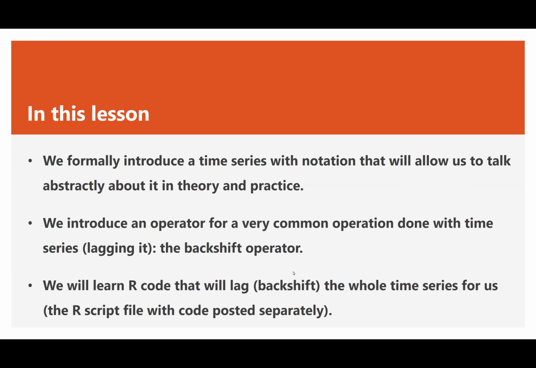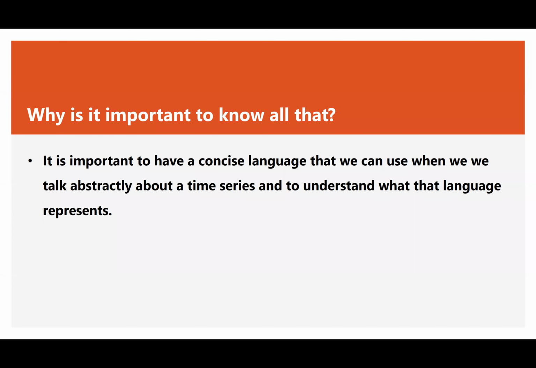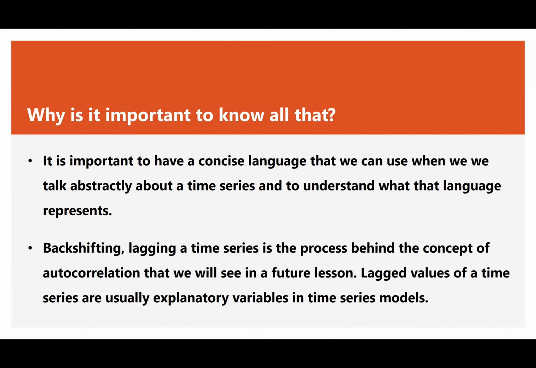We'll learn R code that will lag the whole time series for us, and that R code is going to be posted separately, most of it. Why is it important to know all this? Well, because it's nice to have a mathematical language that we can use when we talk about time series, and it's important that we understand the language, and the language is common to all of us.